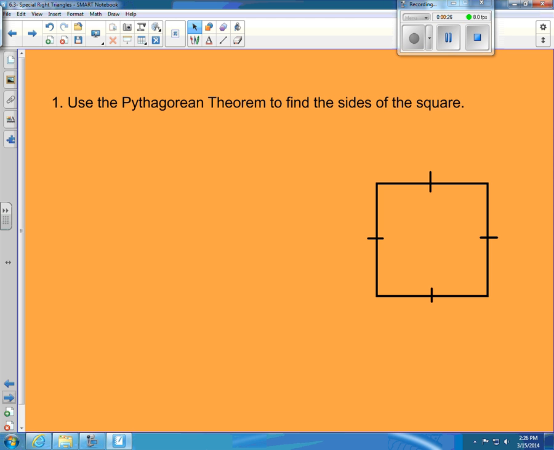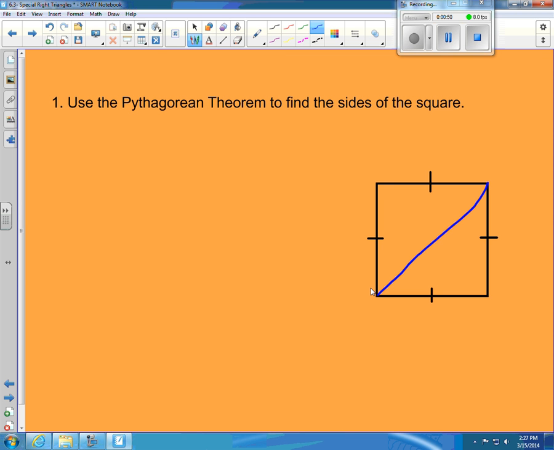So here, number 1 says, use the Pythagorean theorem to find the sides of the square. Well, we know nothing about this. So this is actually a 45, 45, 90 triangle. If I draw in a diagonal here, remember our rules from quadrilaterals and specifically squares, that diagonal bisects or cuts in half the angles.